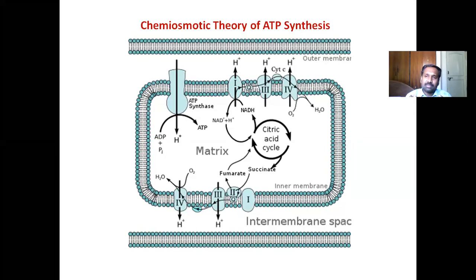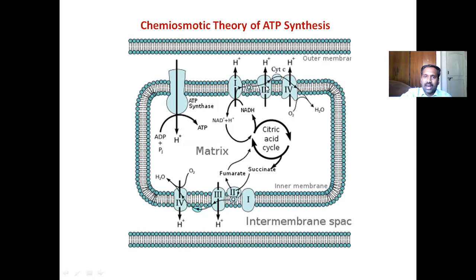Okay, let us at least discuss some fundamentals. Now, chemiosmotic theory assumes like this. So when an electron is flowing from complex 1 through carriers to 3 and then 4 and finally to oxygen, right?